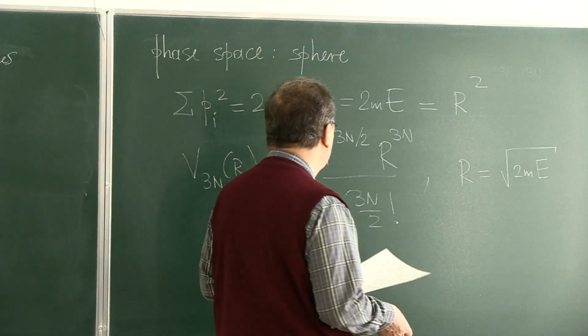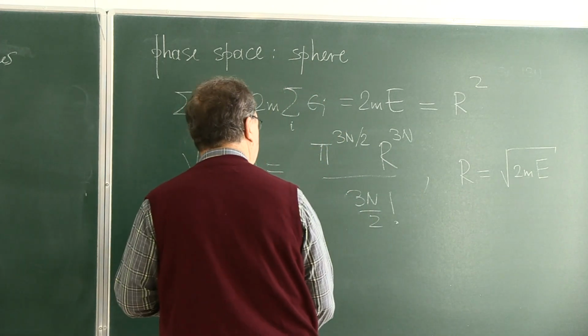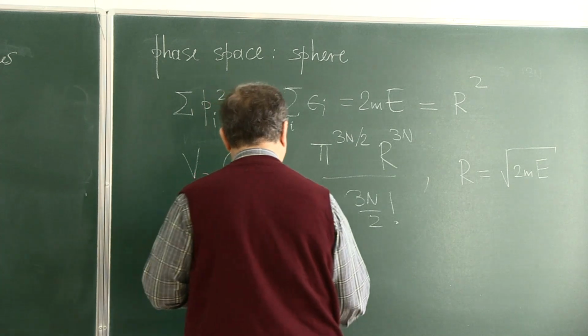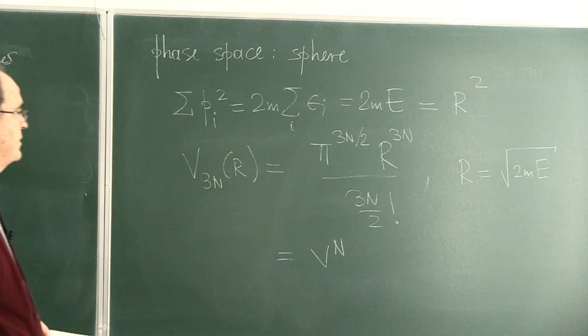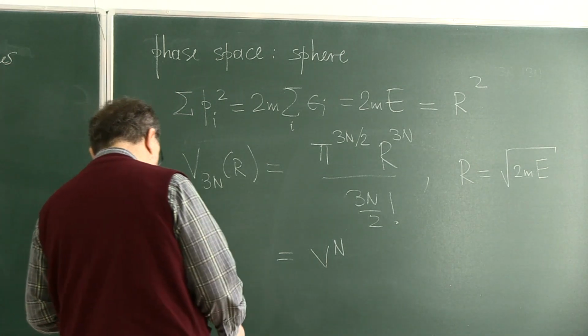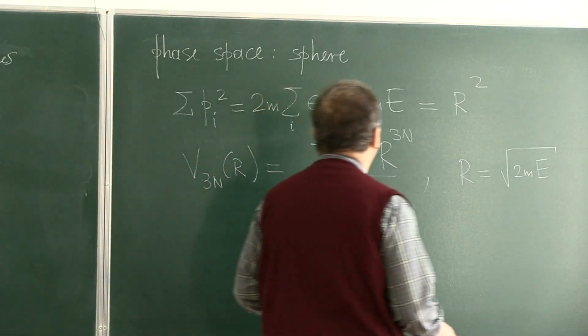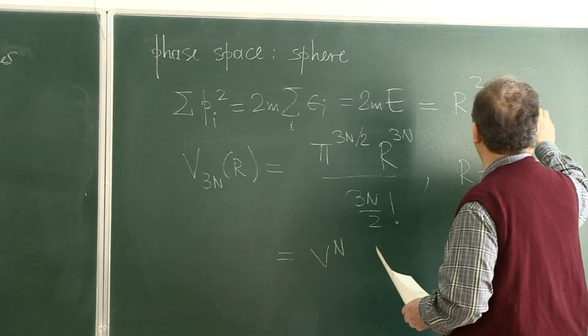So this can then be written using that as V to the n. Well, of course, we have to include that this is in momentum space.